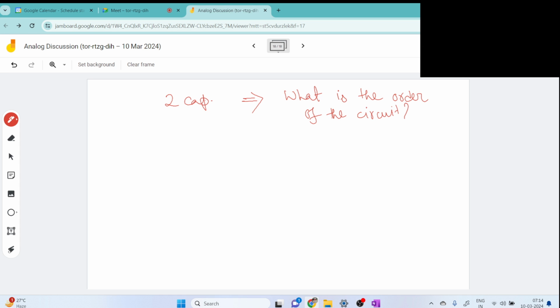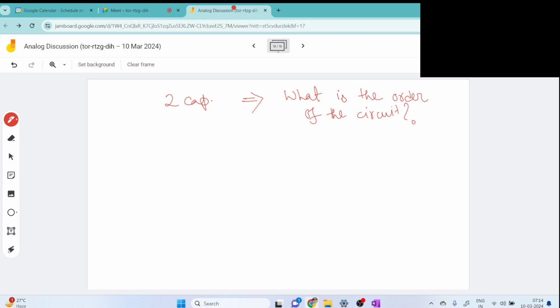You are telling me it is a second order circuit, but I think we have to write the transfer function to find the order, right? No, we are not going to do that. We can directly comment whether it is first order, second order or any order.